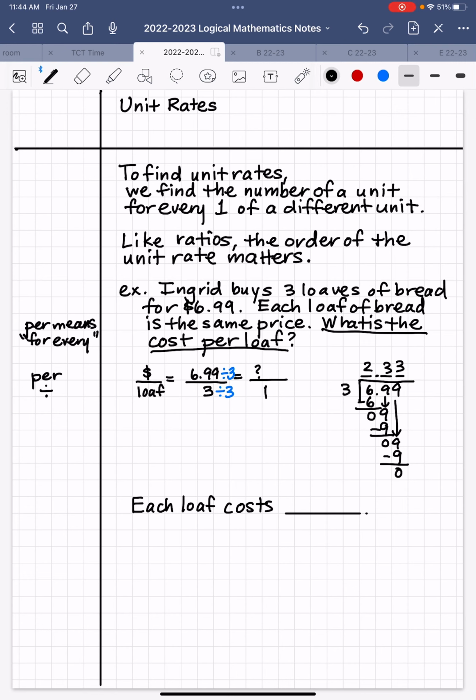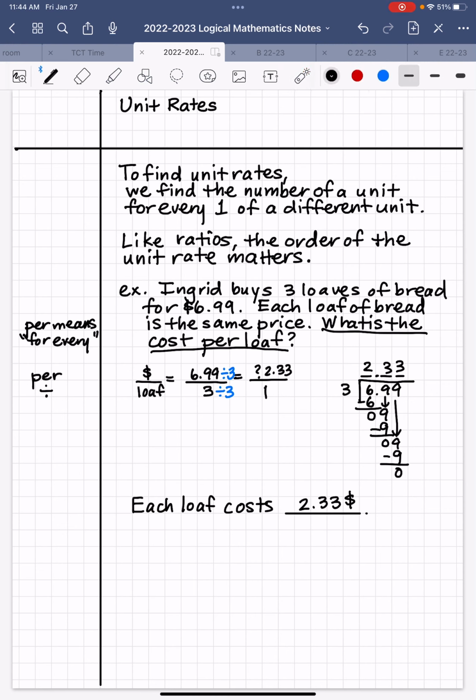And when I do that division of 6 99/100ths divided by 3, I get 2 33/100ths. So what is that unit rate? It is 2 33/100ths of a dollar for every 1 loaf, or per loaf. So we have 2 33/100ths of a dollar for every 1 loaf. Each loaf means 1 loaf, okay?